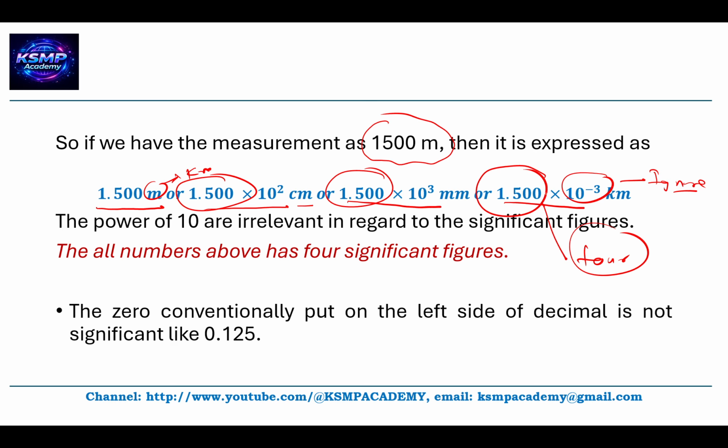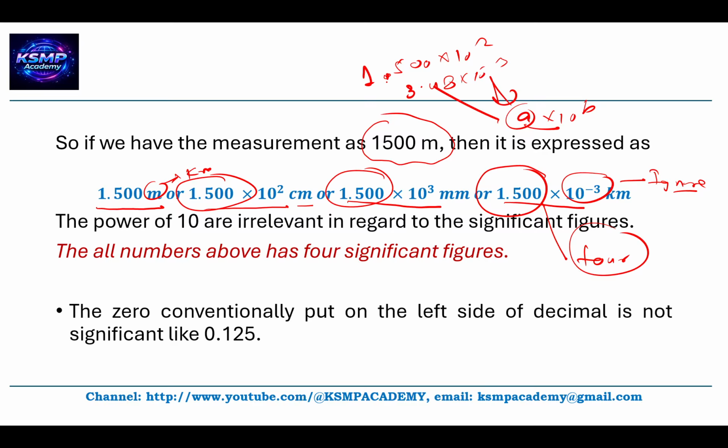So it gives a simpler way: if the number is a into 10 to the power b, we have to look only at a. And it is the convention that this number should be written like 1.500 into 10 to the power 2, or 3.48 into 10 to the power minus 3.